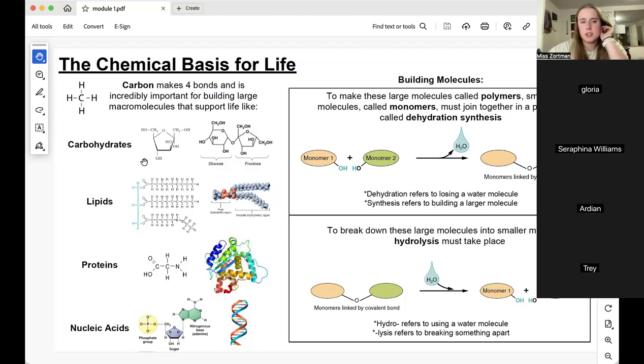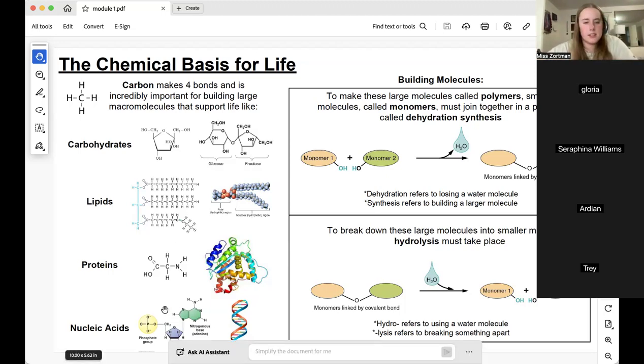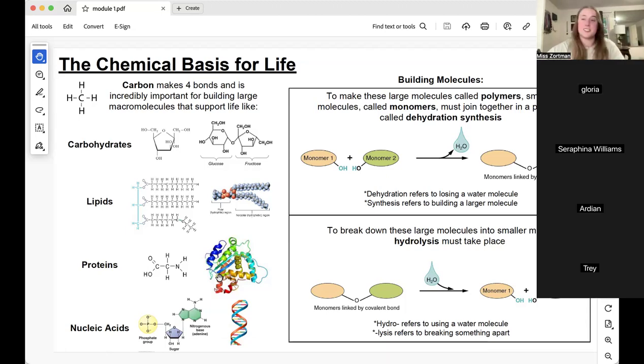So carbohydrates are usually in a hexagon or ring structure. Lipids are often in a straight line or branch structure. Proteins kind of take the square shape or line structure as well. And then nucleic acids take a little bit of everything in there. So diverse structures allow for diverse functions.